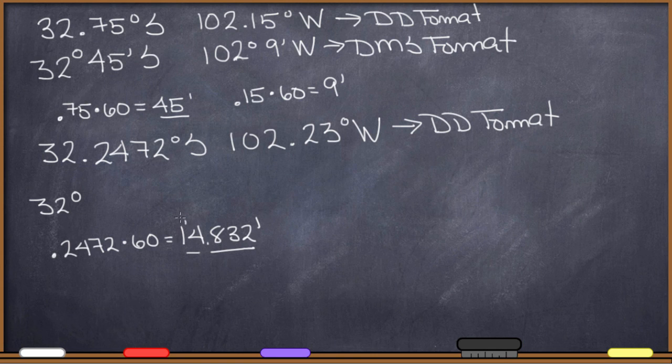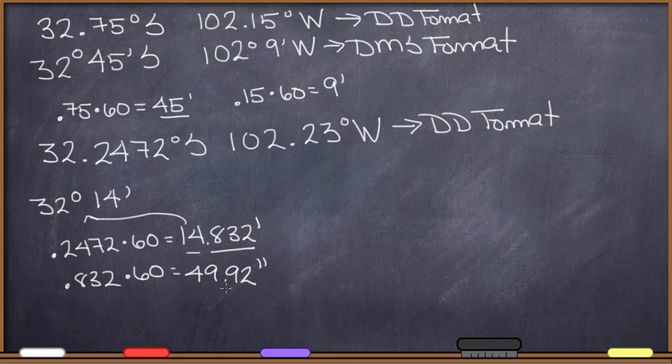So what I'm going to do is move the whole number up. So I say 14, except this is minutes right here. And then I'm going to take 0.832 and multiply it by 60 again because there are 60 seconds in a minute. 0.832 times 60 equals 49.92. These are the seconds right here. You have a couple of options.